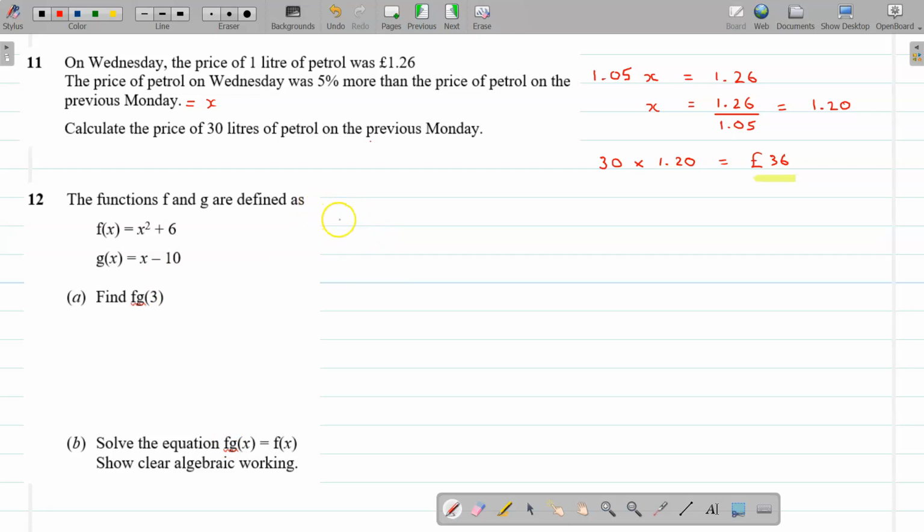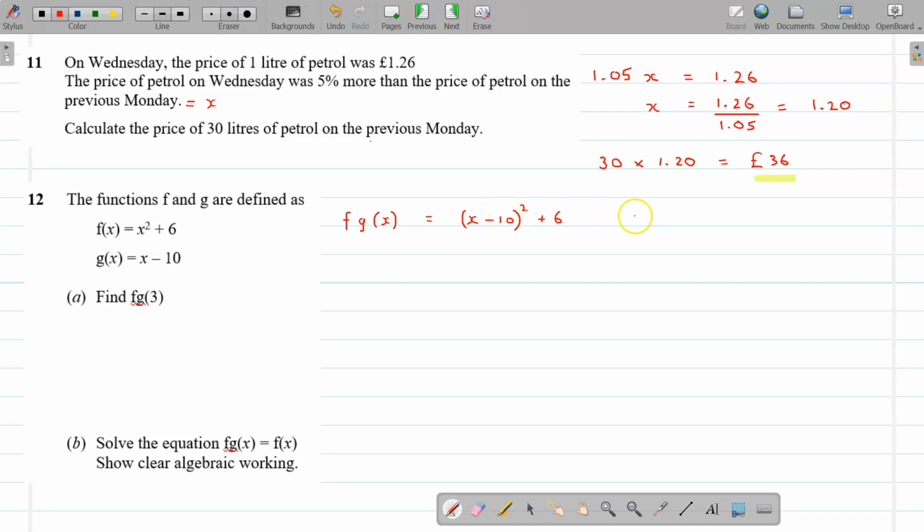So basically, f of g of x means do a g of x and then apply an f to that. So the g of x is x minus 10. That's the g, but what I've got to do now is apply an f to that, which is to square it and add 6.